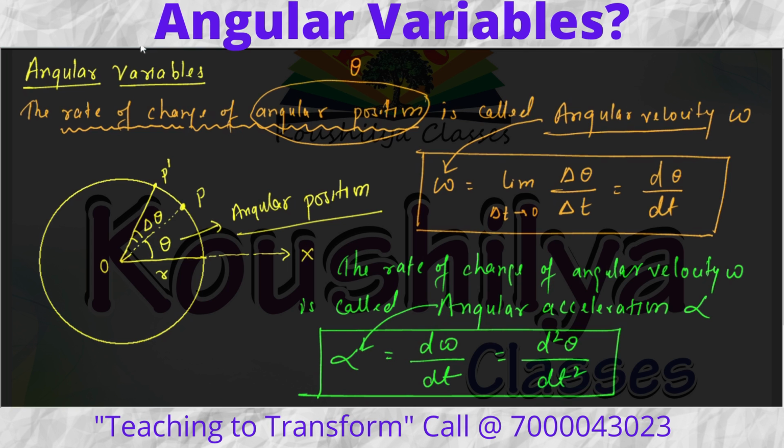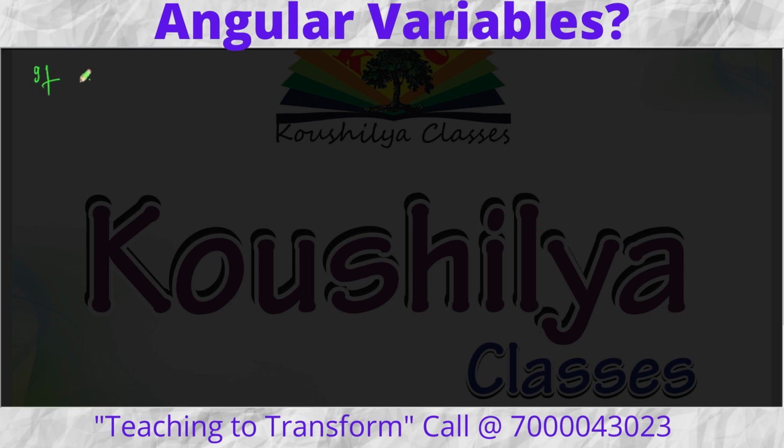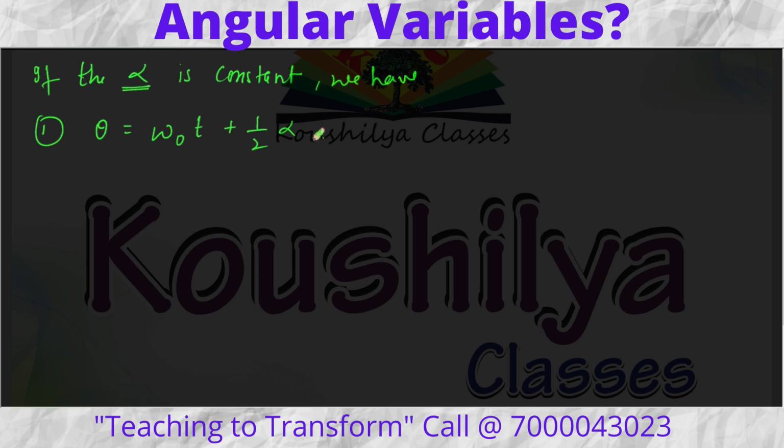So if the angular acceleration is alpha and if the alpha is constant, then we have the first equation: theta, that is angular position, is equal to initial angular velocity into time plus half angular acceleration into time square.